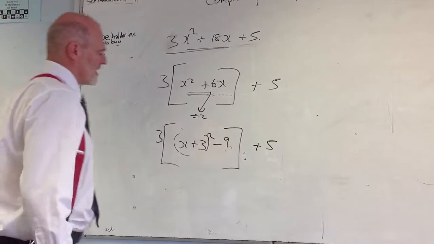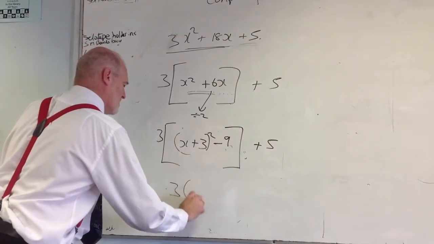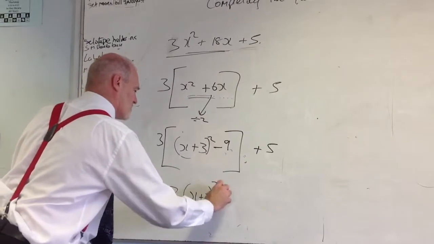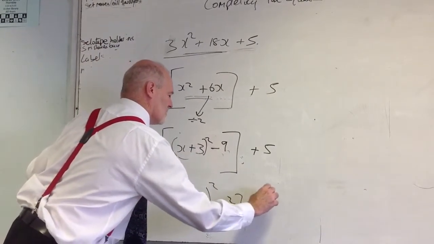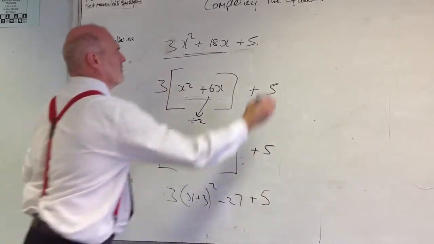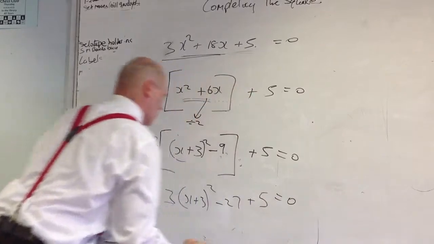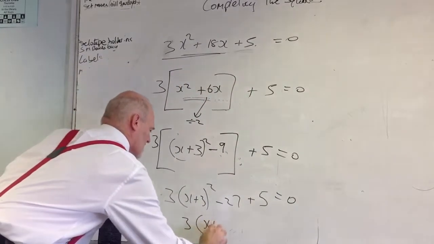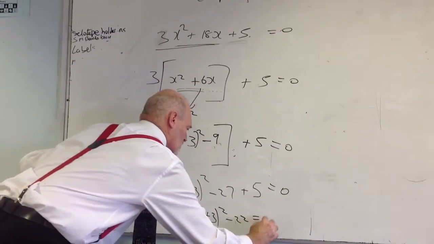I can now multiply everywhere by 3, so I get 3 times x plus 3 squared minus 27 plus my 5. And my overall answer is 3 times x plus 3 squared minus 22 equals 0.